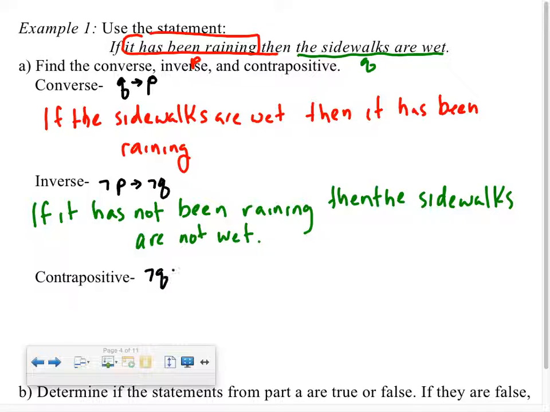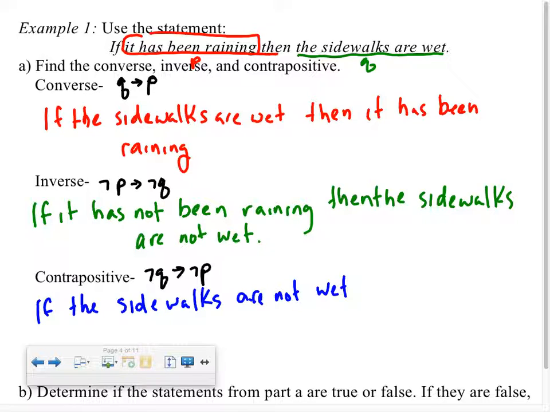So not Q, not P. So if the sidewalks are not wet, then it has not been raining.